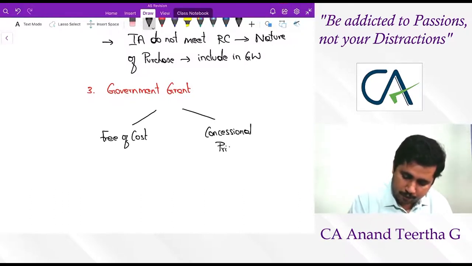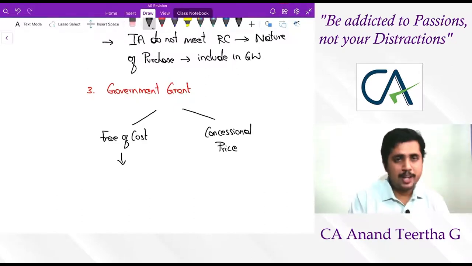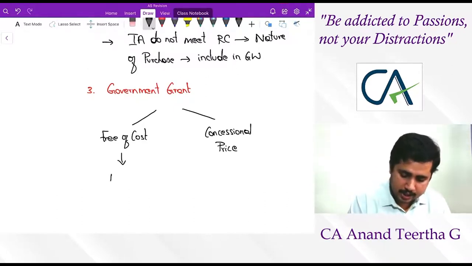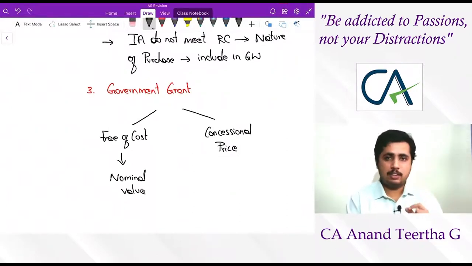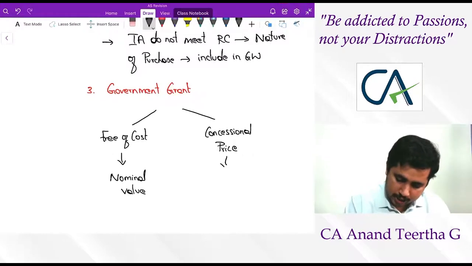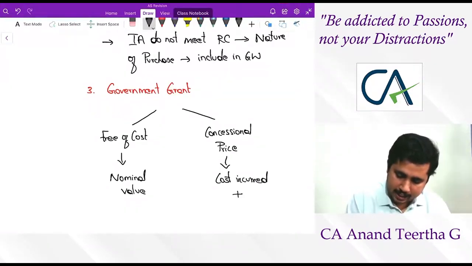If you acquire it free of cost, then according to AS 12 principle, recognize this at nominal value. Suppose it is acquired at concessional price, there is cost incurred. Therefore, recognize it at cost incurred plus any directly attributable cost.